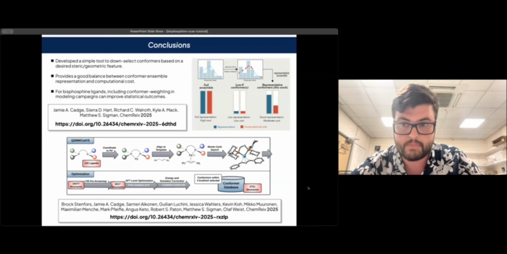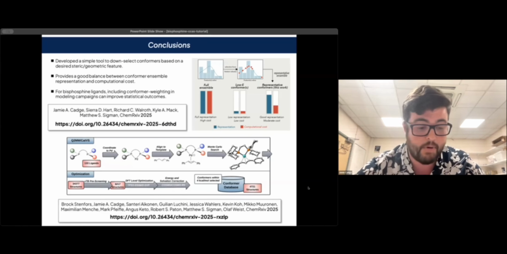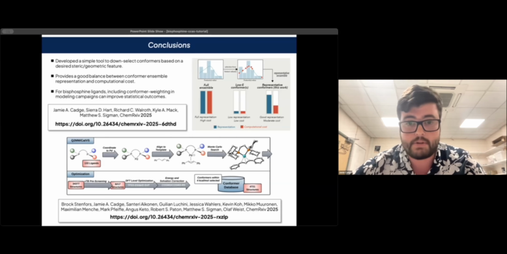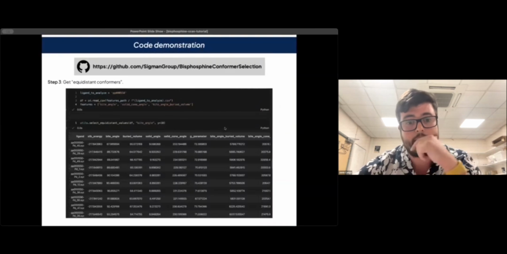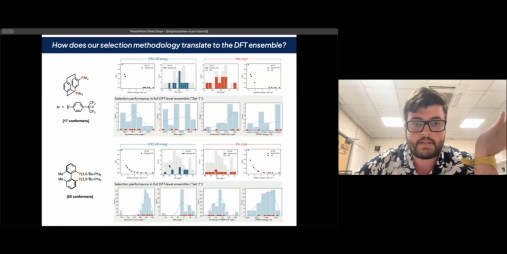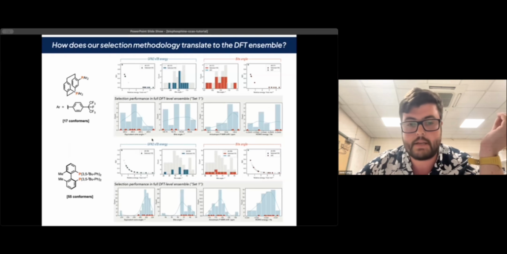In the modeling examples, you mean? We didn't do it for the modeling, purely down to the practicality of the number of ligands. We're talking about 60-odd ligands in there, so there are a lot of conformers. But if I go back to this slide, this answers the question, but not fully in a modeling context.